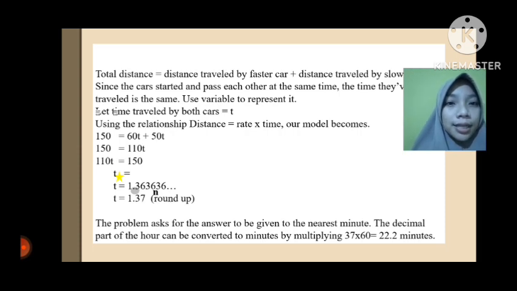The decimal part of the hour can be converted to minutes by multiplying. 0.37 times 60 is equal to 22.2 minutes. And then the two cars will pass each other in 82.2 minutes, or 1 hour and 22.2 minutes.